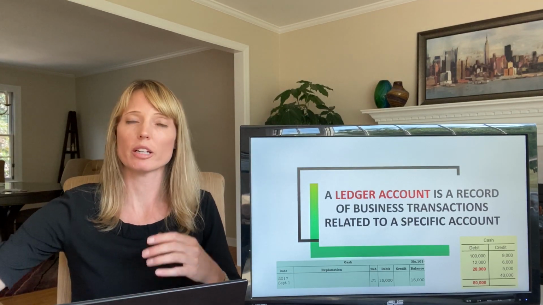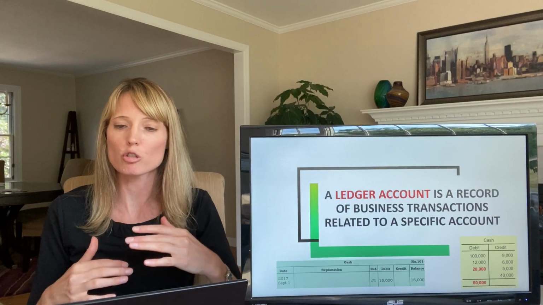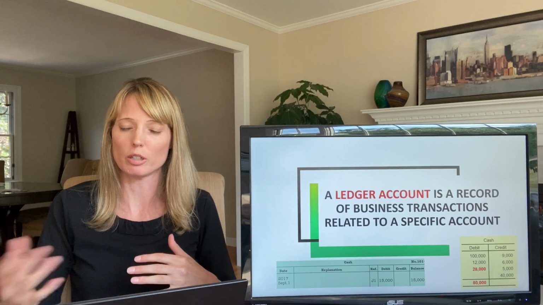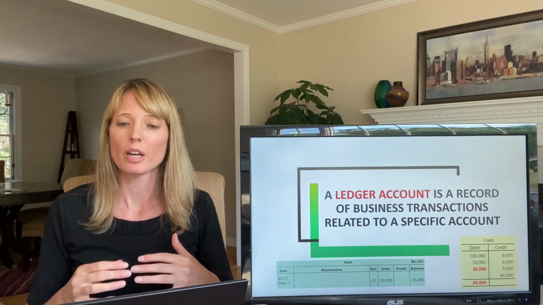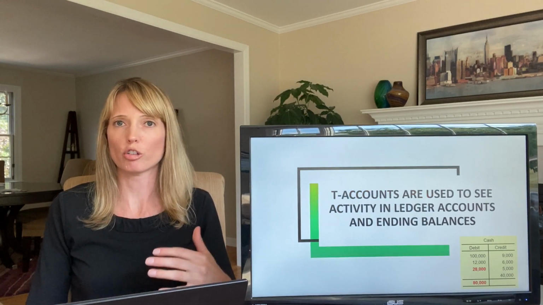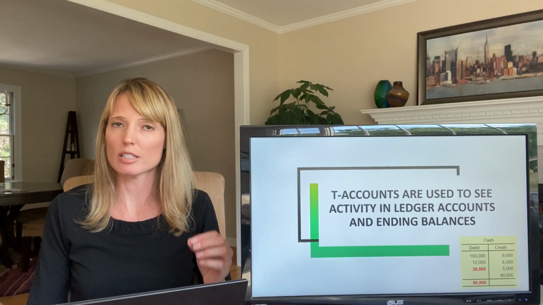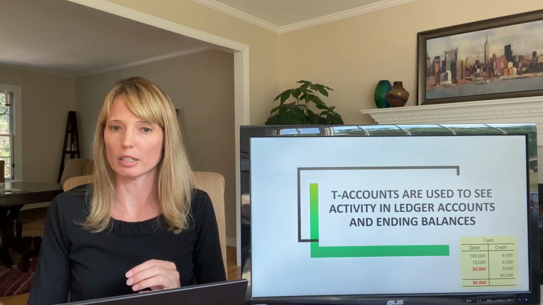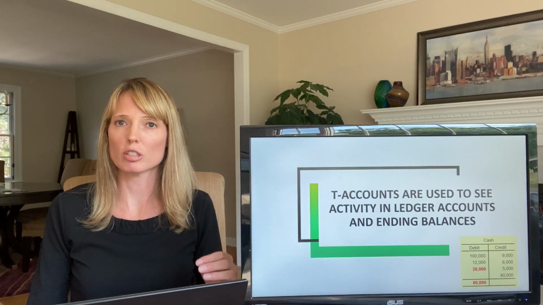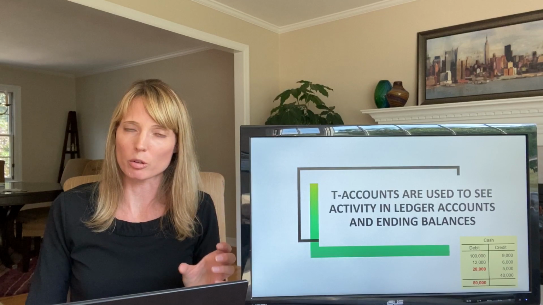Rather than doing it as a list of increases and decreases, or positives and negatives, to that cash balance, which is what I do in my checkbook, we typically use T accounts to track. With our T accounts, we have to know: is that an asset, a liability, or an equity account? If it's an asset account such as cash, we're going to have our debits as the increases on the debit or left side.